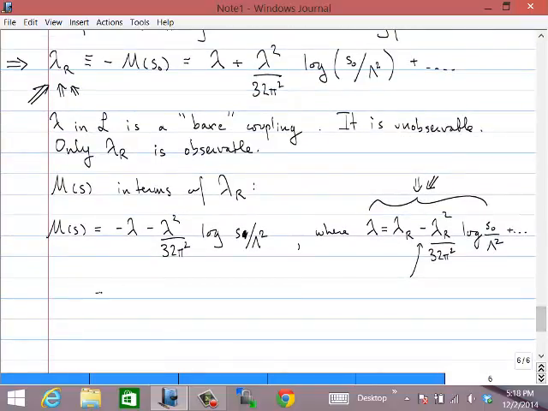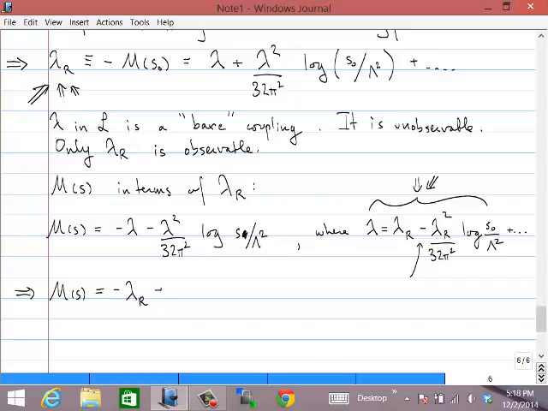You then plug that into this expression for the scattering amplitude, and you find that the 4-point function at some scale s is related to the 4-point function at our fiducial scale s naught, that is to say, related to the renormalized value of the coupling, in exactly the way that you expect.